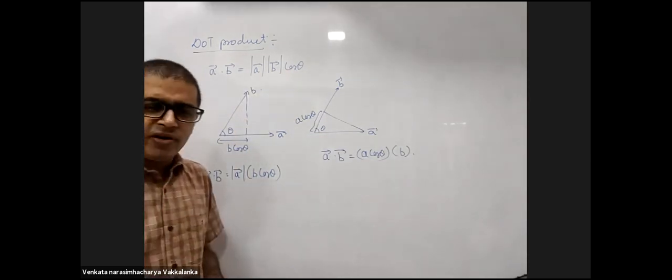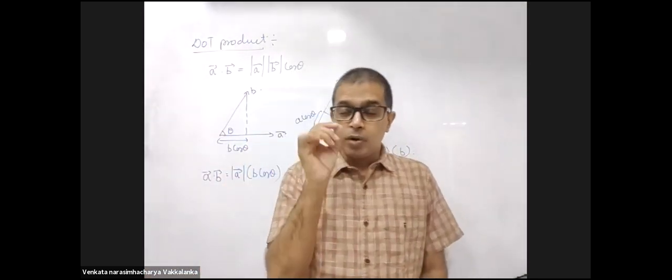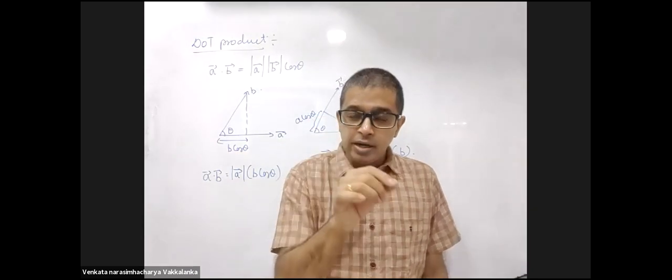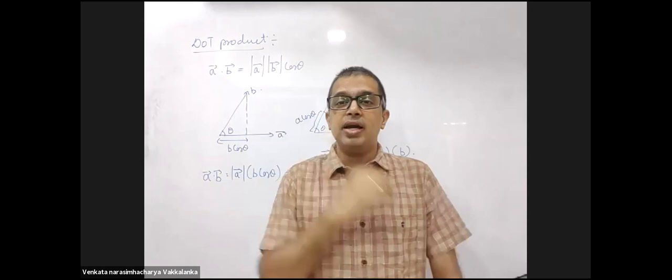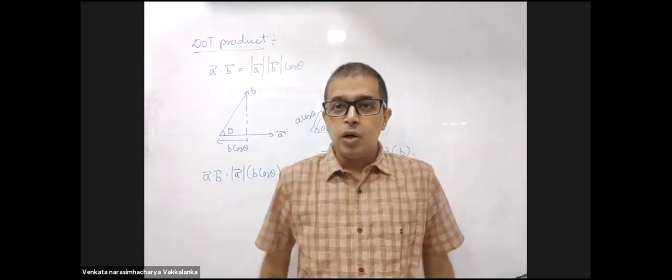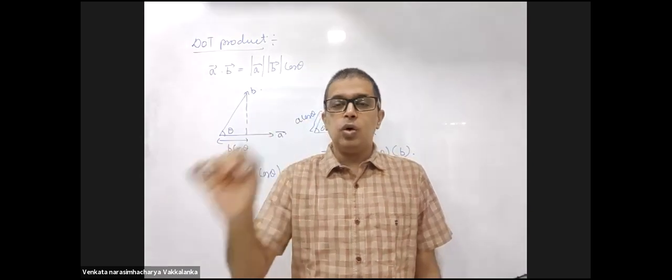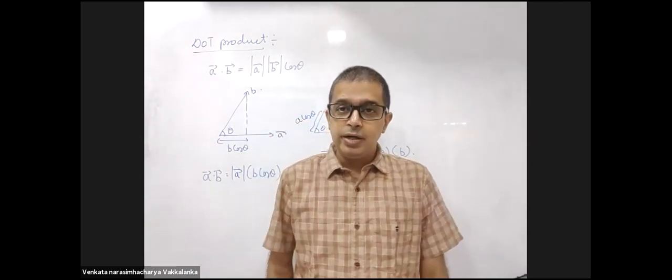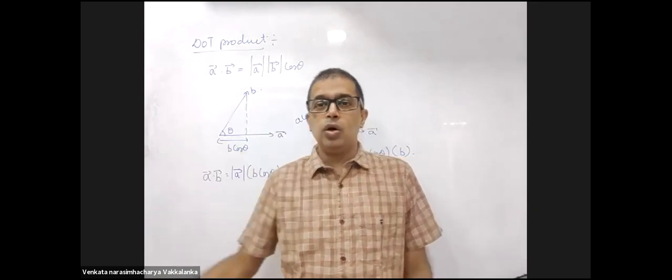So the definition of a dot product is the product of the magnitude of both the vectors and the cosine of the angle between them. A dot B is A into B into cos theta.